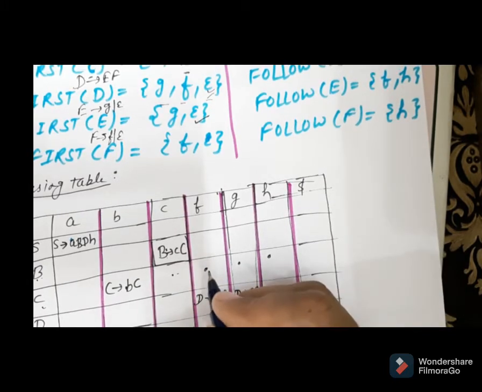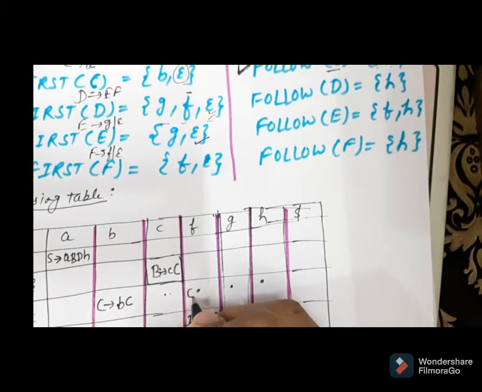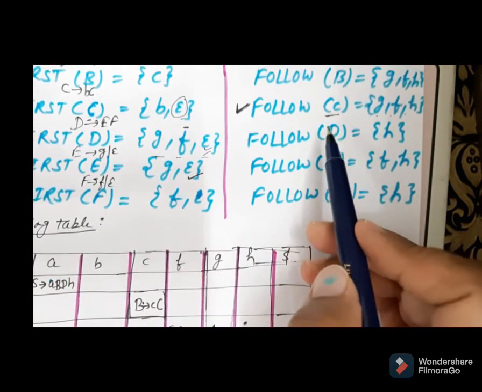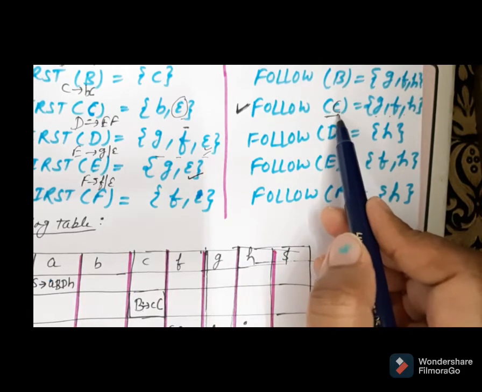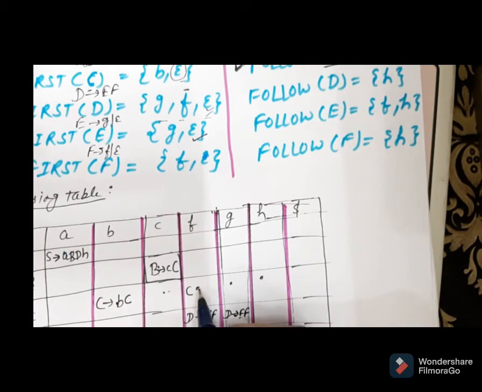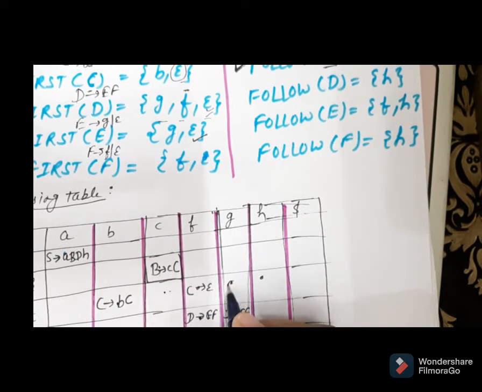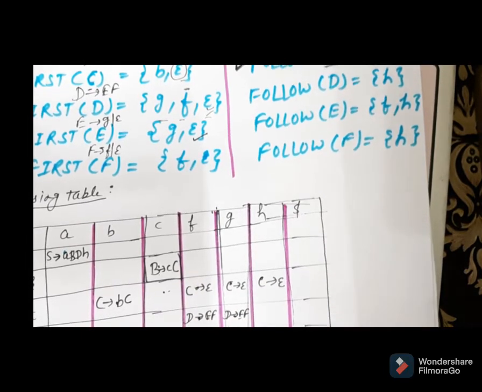And now what production will I use here? I will use C because I am writing this for the symbol C. So I will use the production C tends to epsilon. So against F symbol I write this, against G symbol I write this, against H symbol I write this.